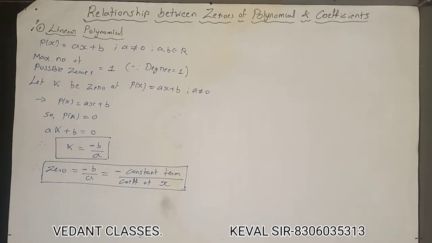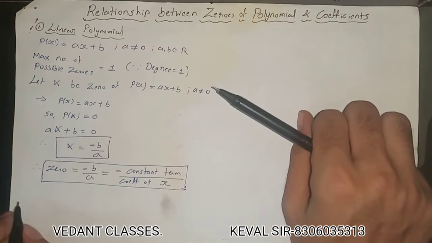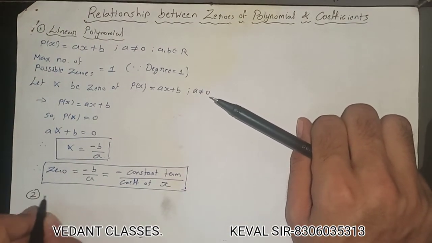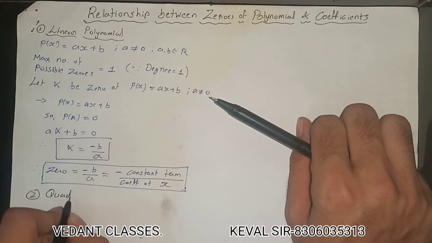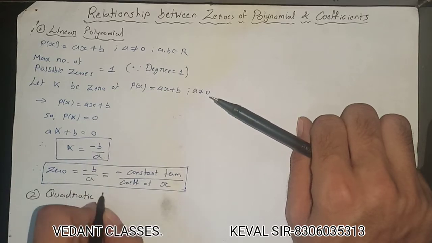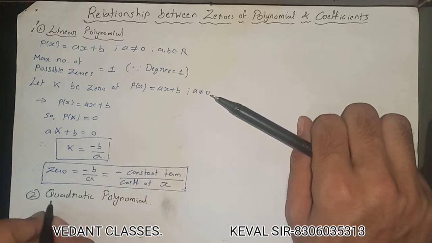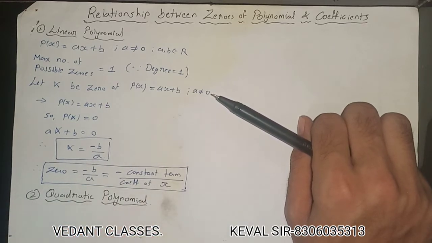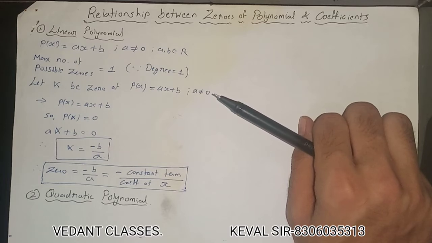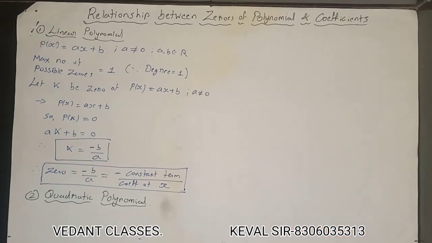Now let's see the next polynomial, that is the quadratic polynomial. Let's see the relationship of the zeros and the polynomial's coefficients.